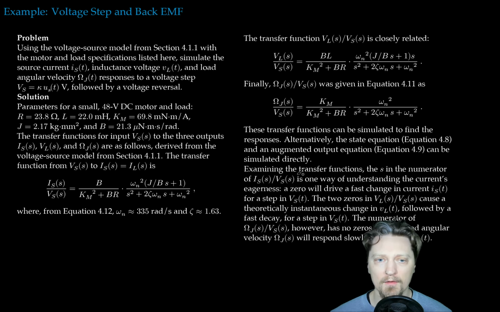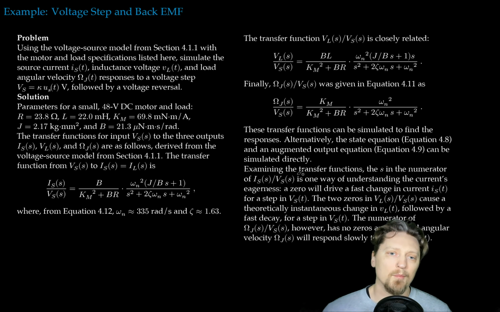Parameters for a small 48 volt DC motor and load are supplied here: R being 24 ohms, L being 22 millihenries, the Km motor constant being about 70 millinewton meters per amp, J, the inertia, being 2.17 kilogram meters squared, and B being 21.3 micronewton meter seconds per radian.